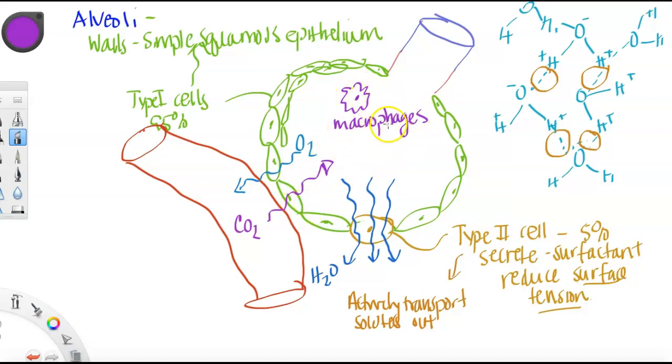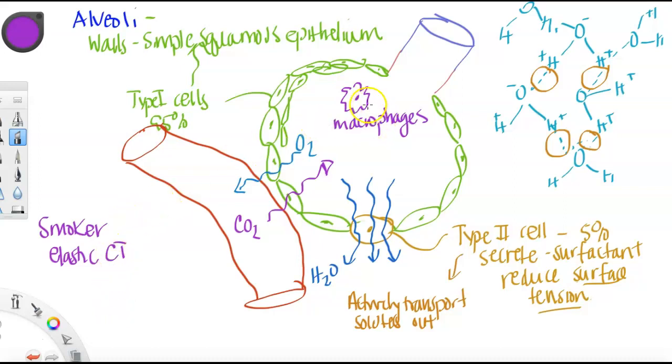These macrophages that keep things clean, if you're a smoker, what else is around these alveoli and around the tissue of the lung? The tissue of the lung has a lot of elastic connective tissue in it because it allows the lung to expand and recoil, bounce back after you exhale.